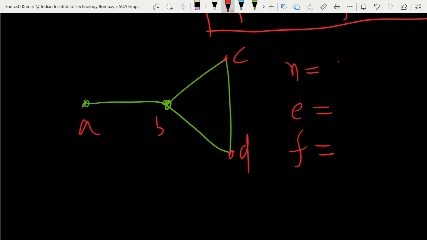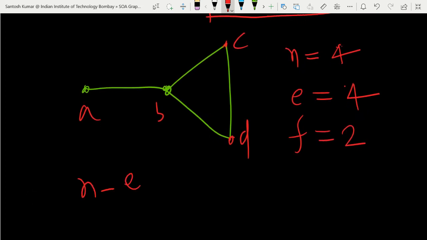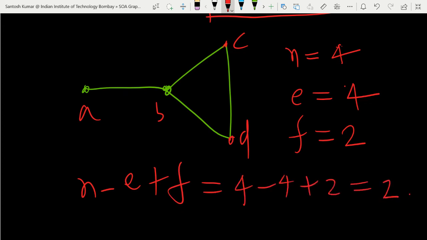So how many vertices do you see? 4. Number of edges? 4. And number of faces? 2. Now again you can see N minus E plus F. So 4 minus 4 plus 2, so we get the answer 2.